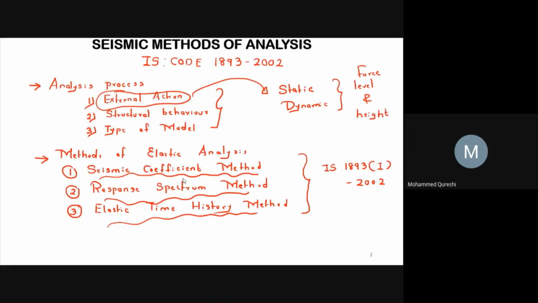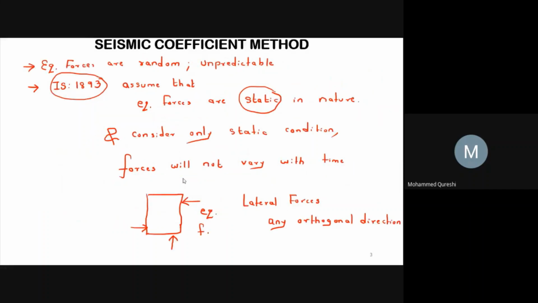The significant difference between the linear static and linear dynamic analysis is the force level and the distribution along the height of the structure. Generally, the seismic coefficient method is used for regular structures with limited height, and in linear dynamic analysis, the response spectrum method and elastic time history method are generally classified.